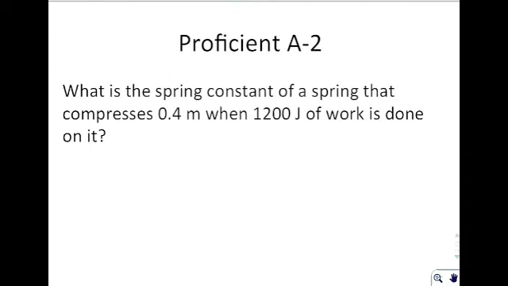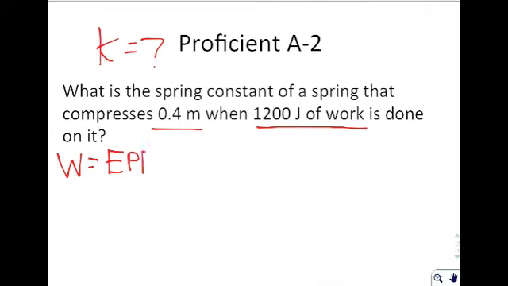Next it says, what is the spring constant? So in this case I'm looking for k of a spring that compresses 0.4 meters when 1200 joules of work is done on it. Now remember, whenever you do work on a spring, that energy has to be stored as elastic energy. So another way of saying this is that the work is equal to EPE this time, which is just another way of saying elastic potential energy, equal to 1200 joules.